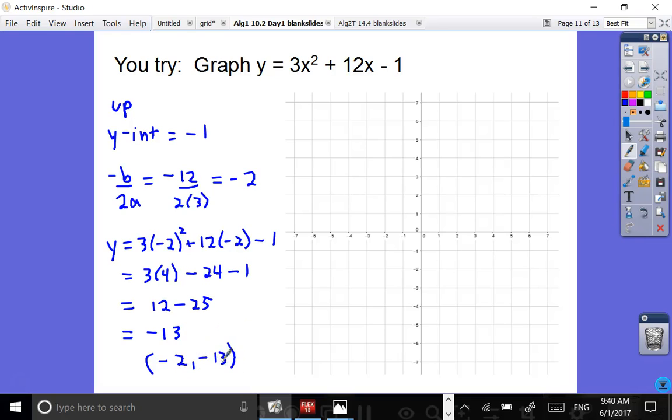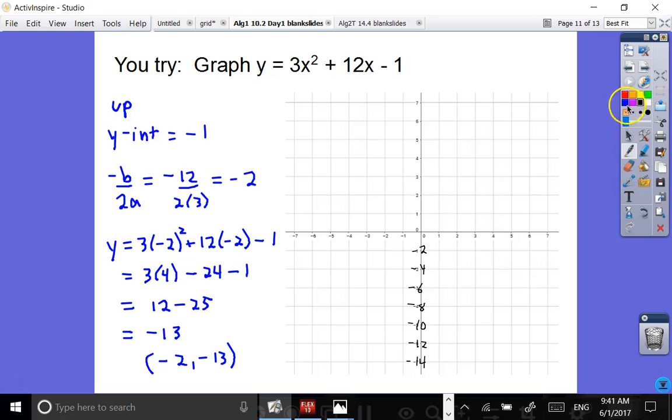So with that much information, I should be able to come over here. I should change my scale here. So I need to go down negative 2, negative 4, negative 6, negative 8, negative 10. That'll get us far enough.